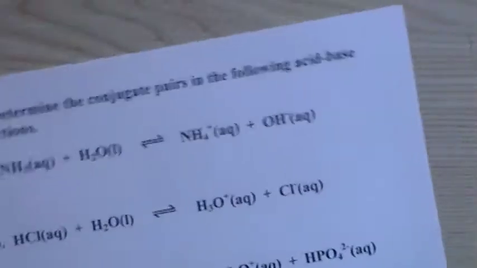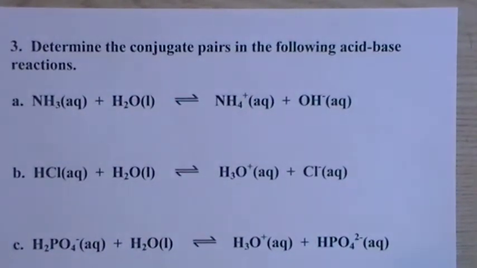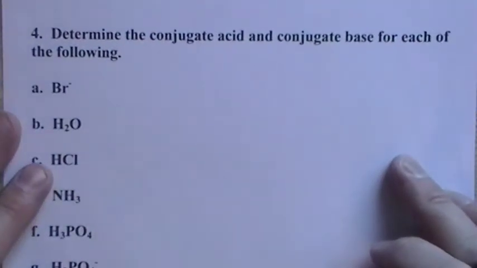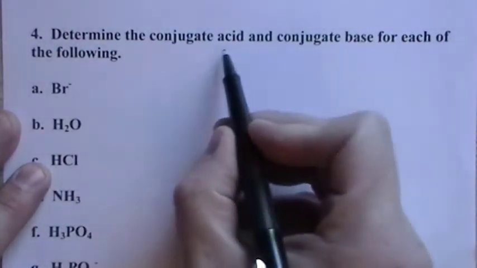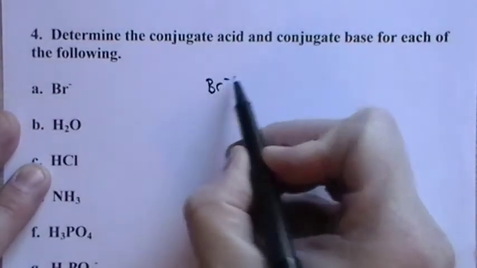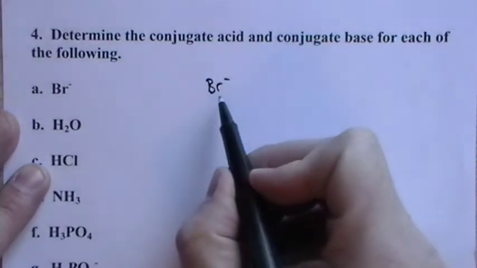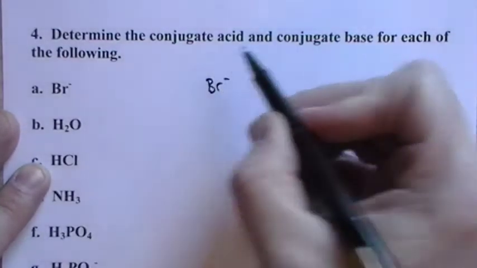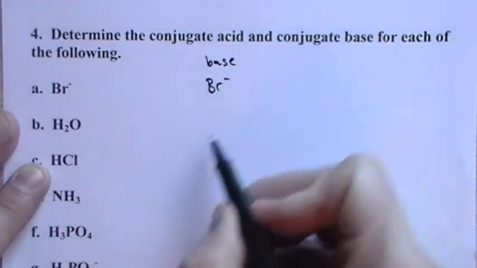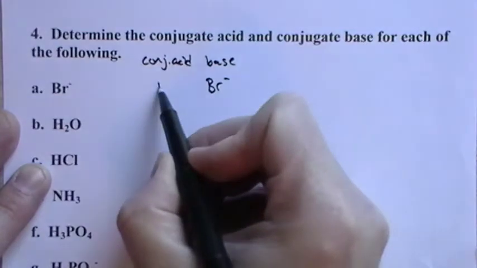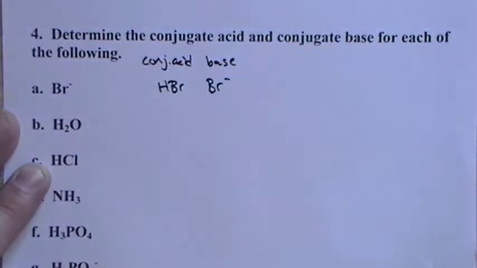Okay. Determine the conjugate pairs in the following acid-base reaction. Now before we do that, I want to go to the next problem to talk about what a conjugate acid and base are. Determine the conjugate acid and conjugate base for each of the following. If we have Br minus, and we consider that to be the base, then its conjugate acid is going to have H plus added to it.